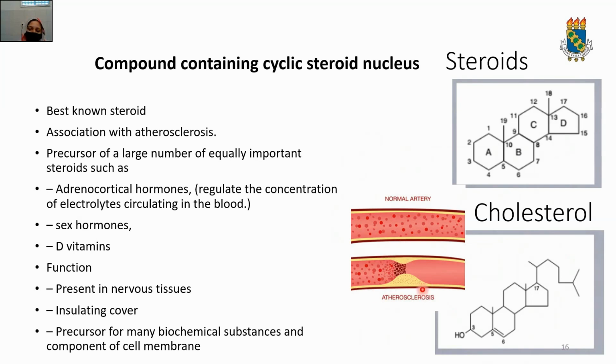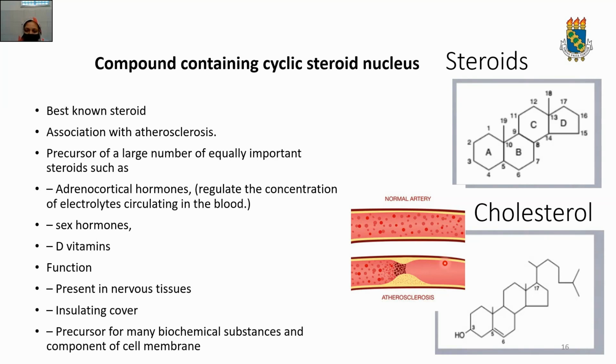It is the building up of plaques of cholesterol inside the arteries, and hence the blockage of the circulatory pathway. Mostly they are precursors of a large number of equally important steroids such as adrenocortical hormones, which regulate the concentration of electrolytes in the blood.